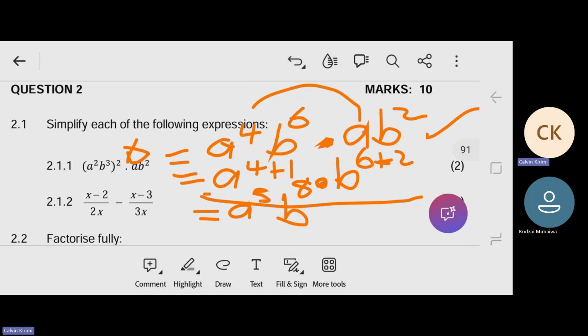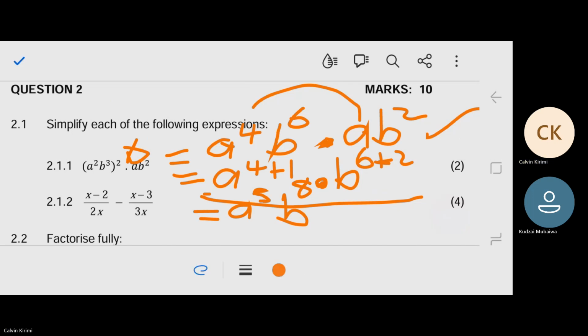Try 2.1. Whenever a to the power 4 is multiplying by a, you add the exponent. If the square is outside, that 2 is multiplying everything, the 2 and 2 times 3.